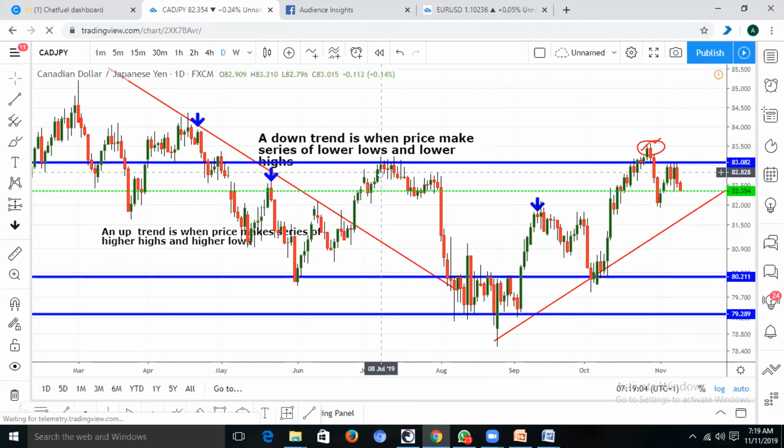Look at this, it was July 2018 and July 2019. The price turned from here. Let me even show you how many pips.